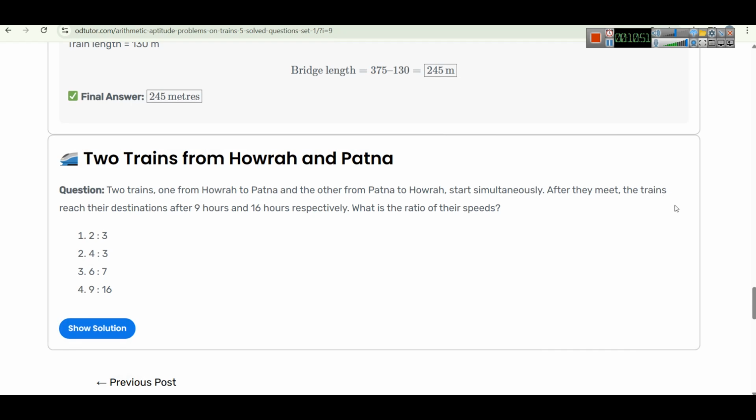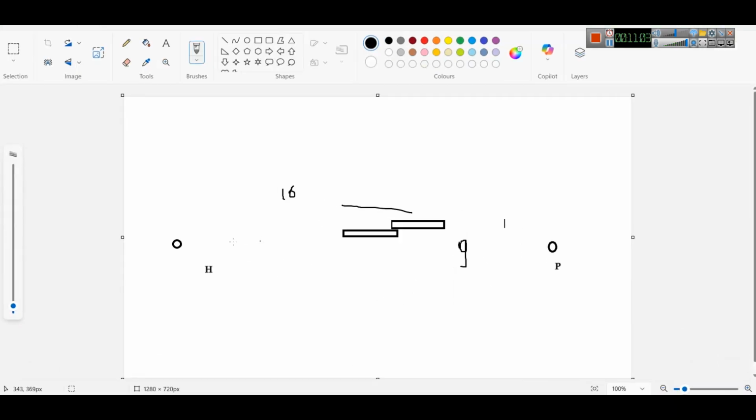So after they meet, what is the ratio of their speeds? On the basis of distance, one thing is common, that is this particular distance. This distance will be common. So we know that after they meet, we can calculate some ratio.